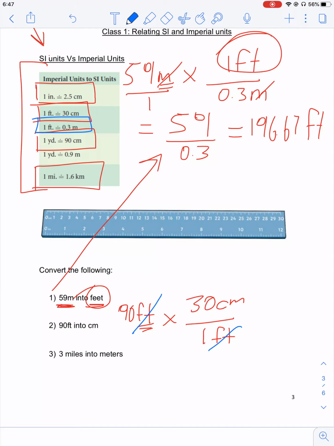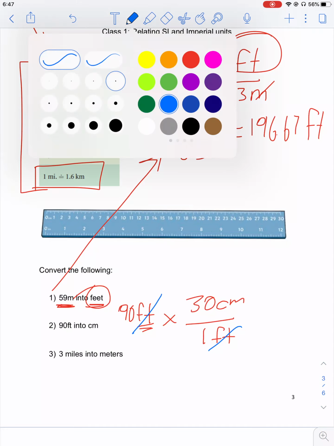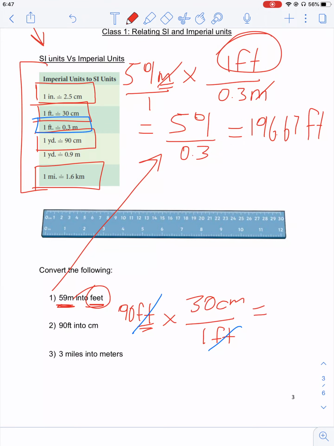And my final answer will just be 90 times 30 on top, it's 2,700. And at the bottom, remember, if you don't see a denominator, it's 1. So 1 times 1 is 1. I don't have to write that down. And it's 2,700 centimeters, okay? Because centimeter is the only unit that survives.